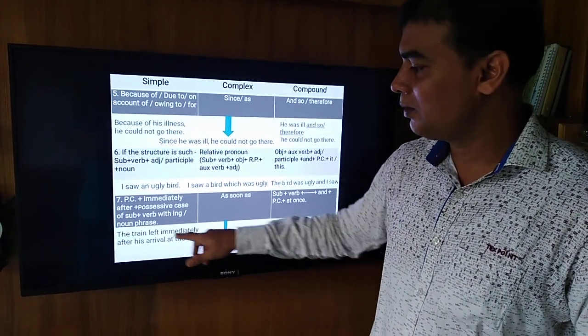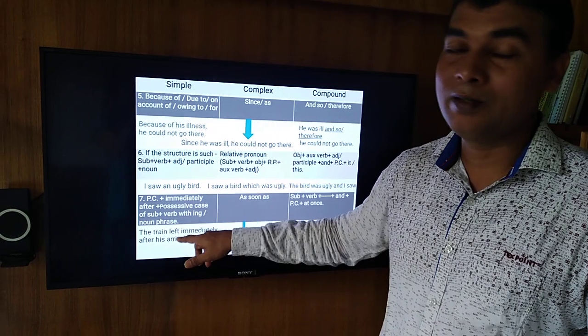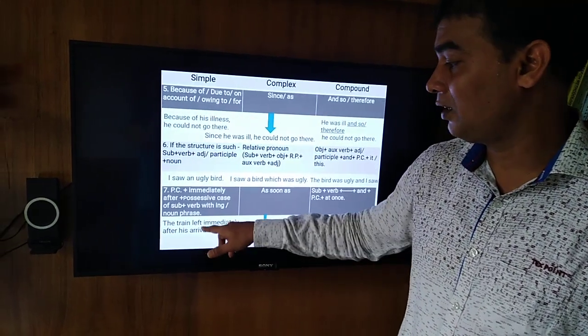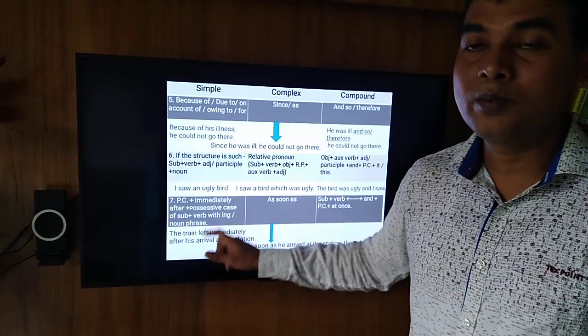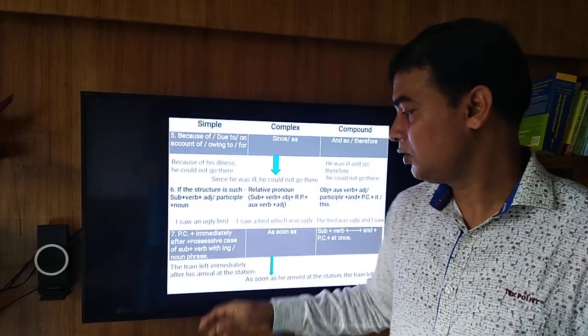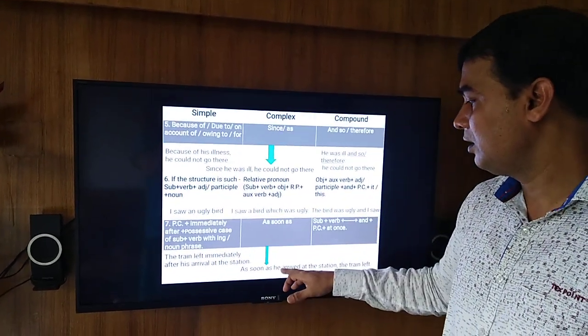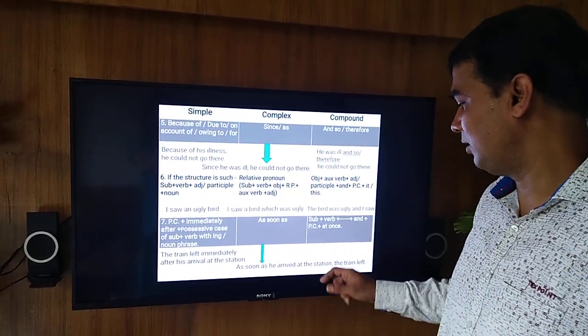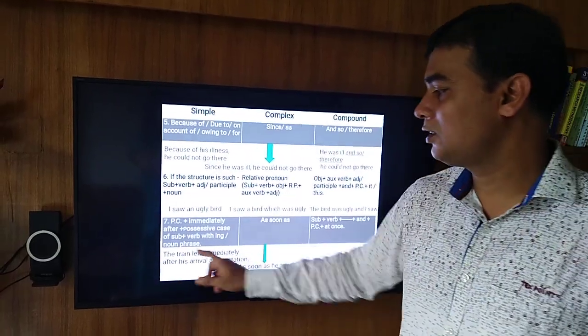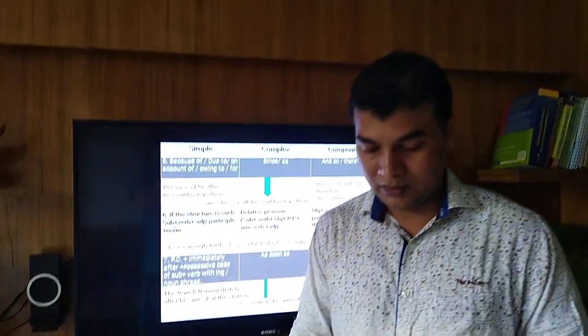There is no verb here, but we find arrival, a noun phrase, arrival at the station, and the verb form of arrival is arrive. So according to tense we can write: he arrived at the station, then comma, then the principal clause, the train left.